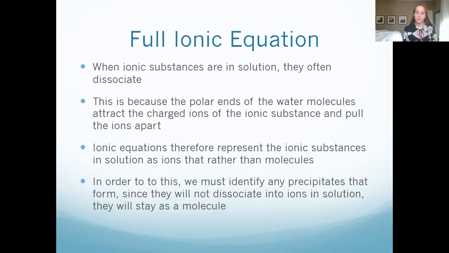So what we're going to be doing is taking these equations, identifying the precipitate, and then dissociating everything else. When we were in Unit 3, we dissociated the non-precipitate product, but in this case, when we write the full ionic equation, we're also going to be dissociating the reactants. So that's what makes this different from what we did in Unit 3.